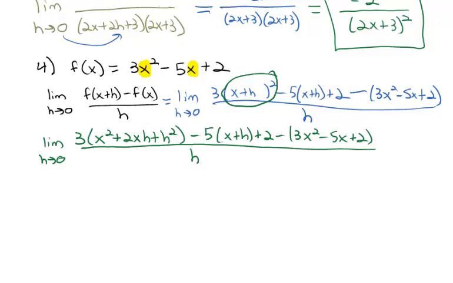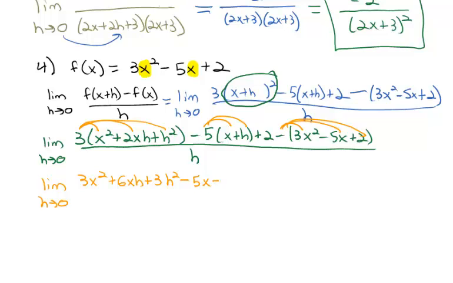A little bit more algebraic simplifying. We're going to distribute through the parentheses, including the negative, all the way through. So we have the limit as h goes to 0 of 3x squared plus 6xh plus 3h squared minus 5x minus 5h plus 2 minus 3x squared plus 5x minus 2 all over h.